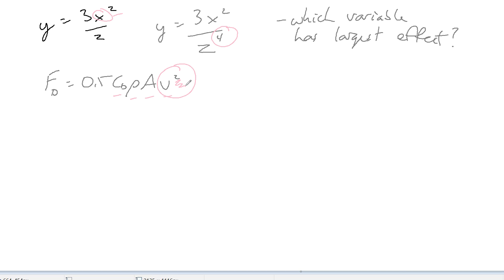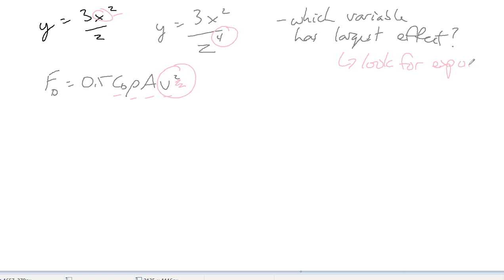But if you double your speed, your drag will become 4 times larger. And that's the type of idea we want to look at, which variable has the largest effect. So often when you're doing this, you want to look for exponents, because often the one with the biggest exponent is going to have the biggest effect.